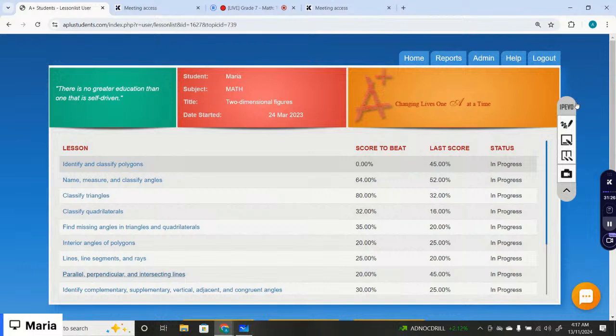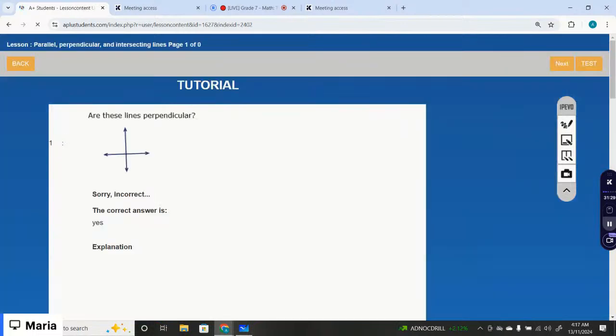The next lesson is parallel, perpendicular, and intersecting lines. Let's just start with the lesson. Are these lines perpendicular?